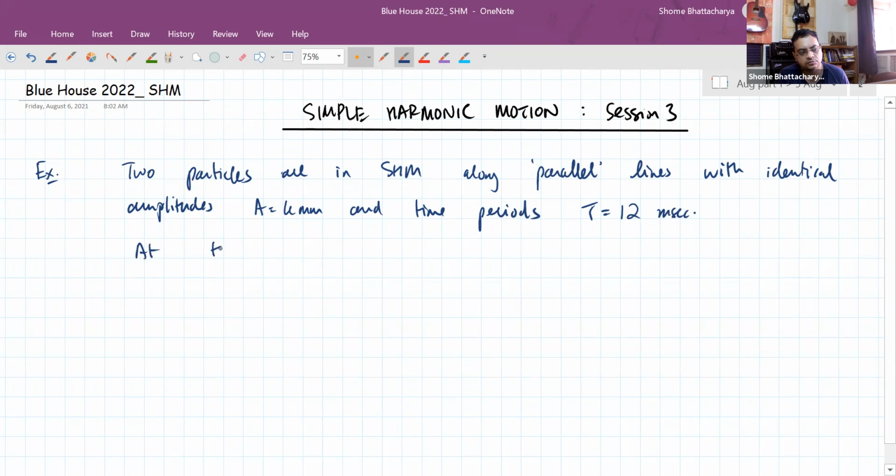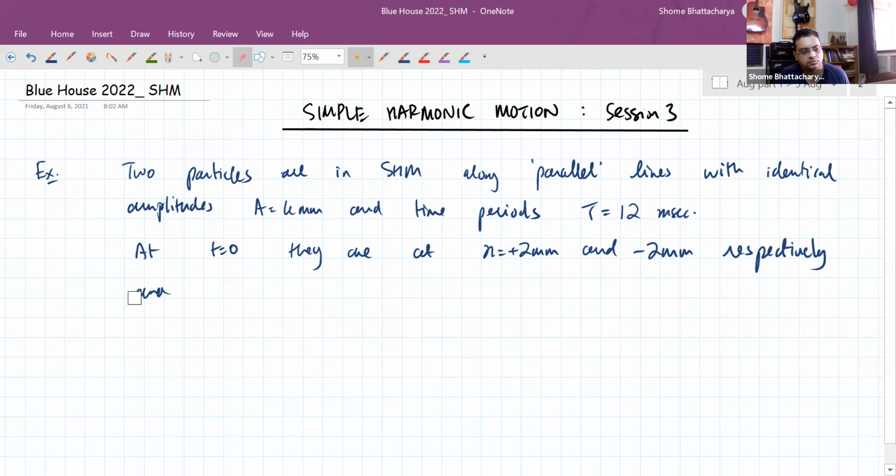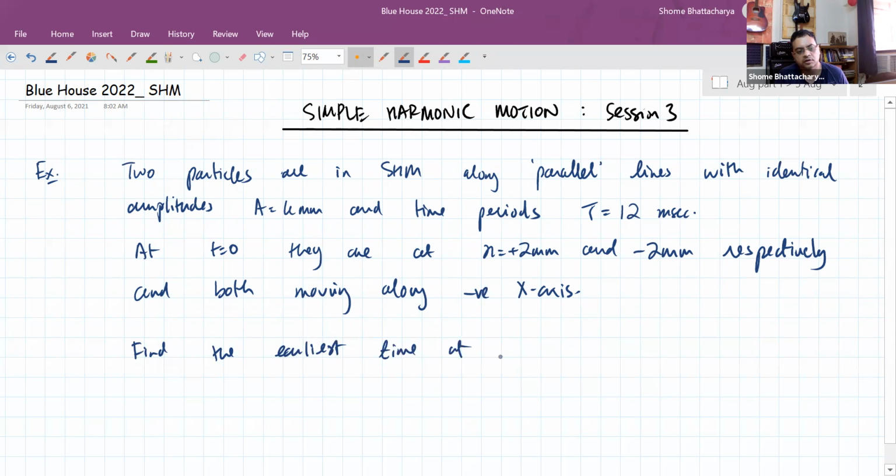So at time t equal to 0, they are at... so find the earliest time at which their x coordinates coincide.